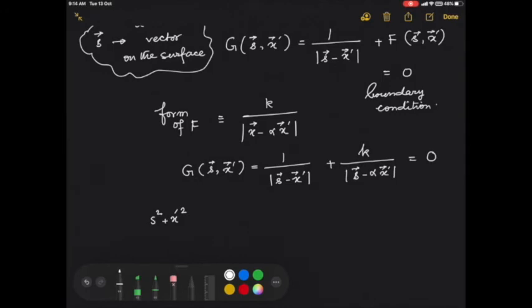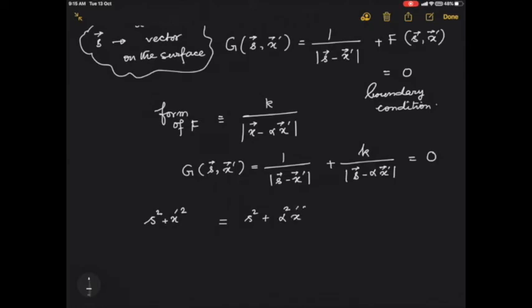So this term I don't need to write down. Square root of this is mod x minus x prime. So if I just square that, I get s square plus x prime square. The right hand side I get k square s square plus alpha square x prime square.